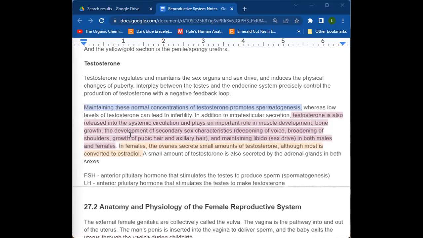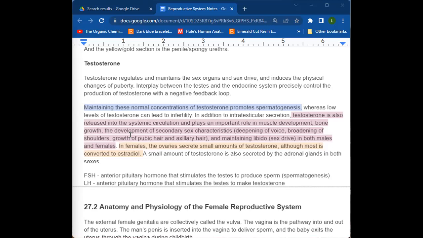Okay, now let's take a look at testosterone. Definitely it will help with spermatogenesis and stimulating the production of sperm, but it has a lot of other functions too. First of all, it helps with muscle development and bone growth.